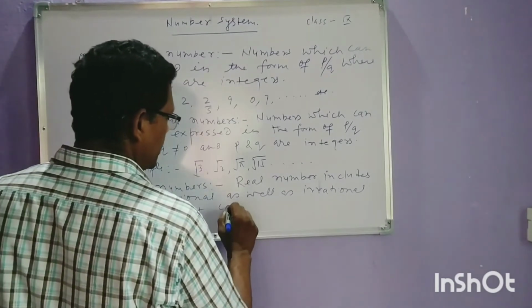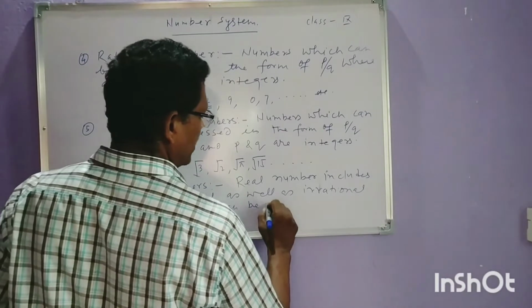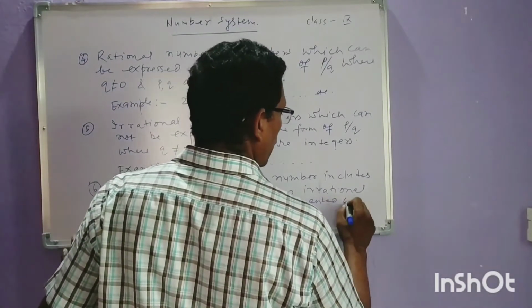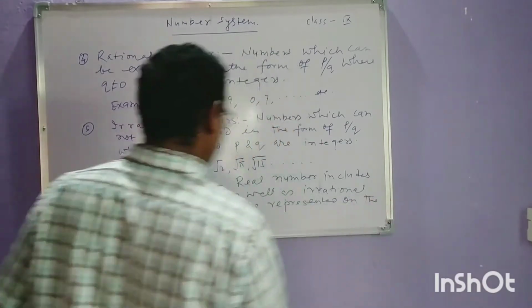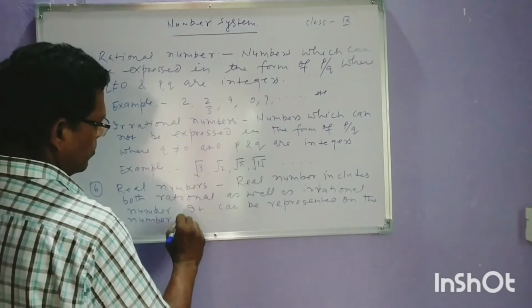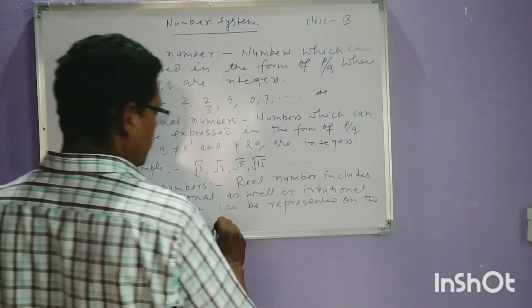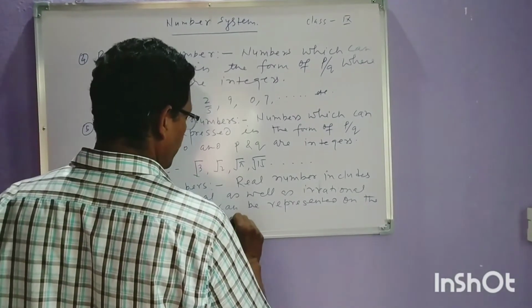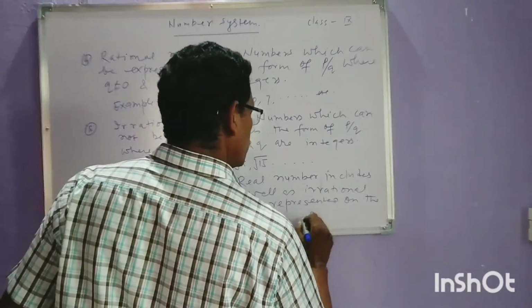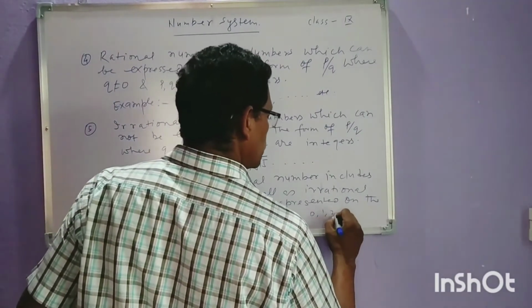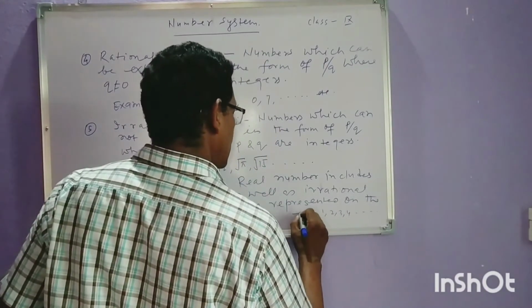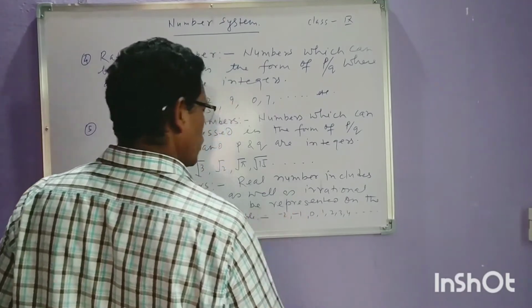It can be represented on the number line. Example: 0, 1, 2, 3, 4, and so on, -1, -2, and so on.